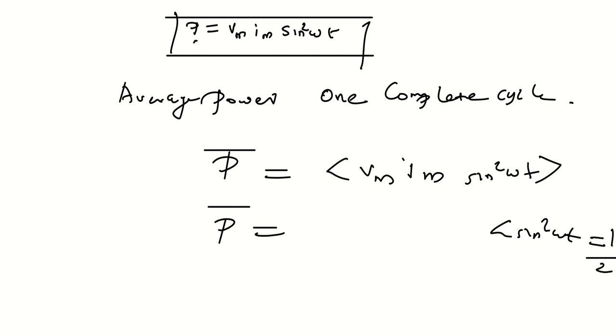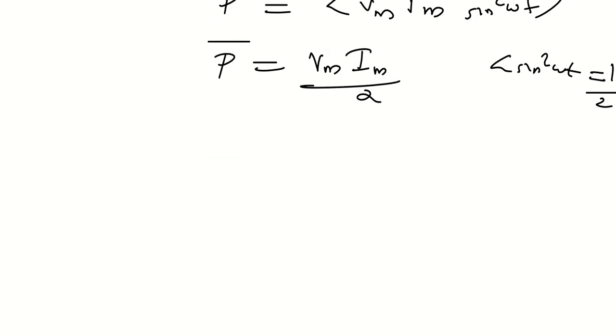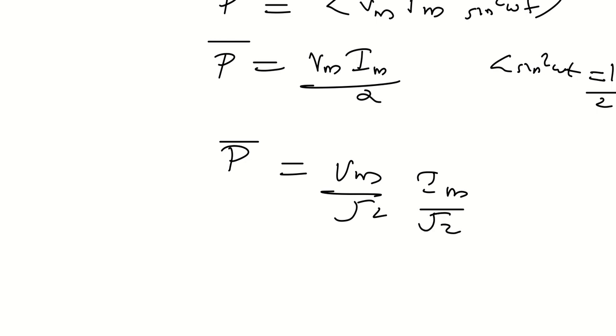So P average is equal to Vm Im divided by 2. That is Vm Im divided by 2. This is the average power, and we can represent it in another way, that is Vm by root 2 times Im by root 2.